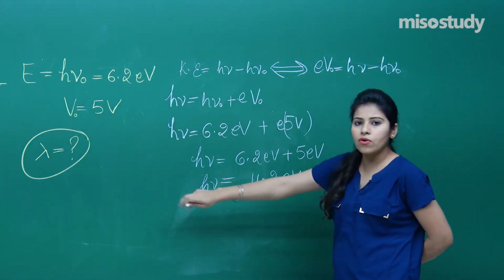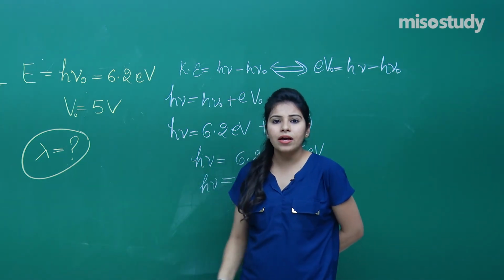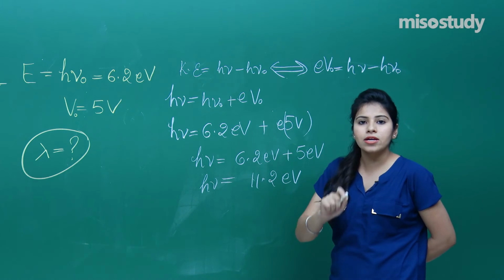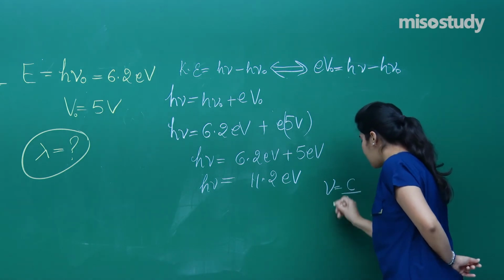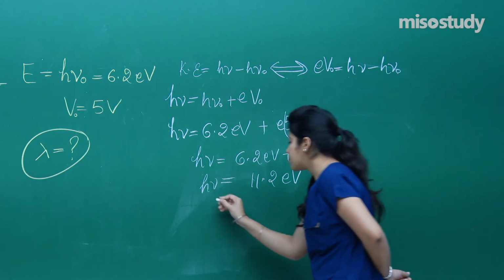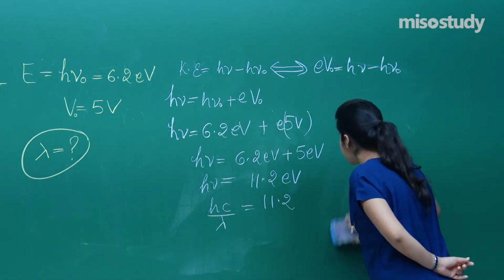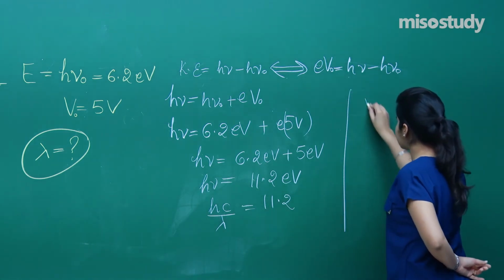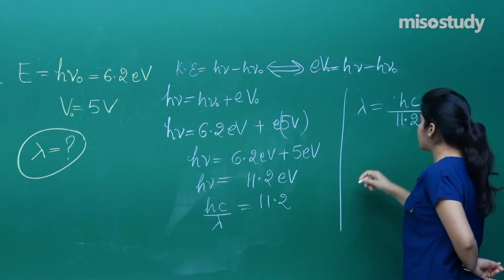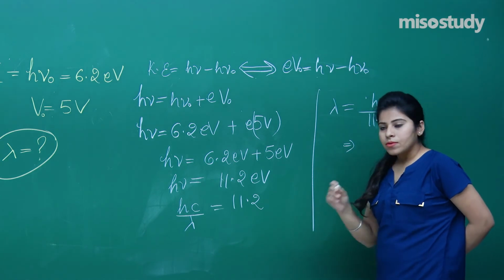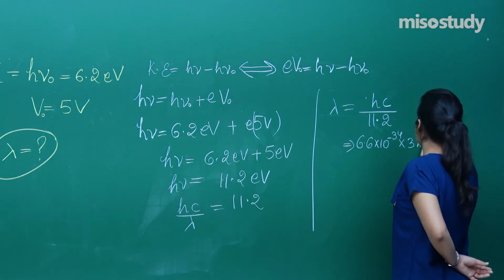Now the question has become very simple for us. We have to find the value of the wavelength, and the formula is c by nu, because we know that nu equals c by lambda. So lambda is c by nu, and you will see that the value of lambda will be hc upon 11.2. So put the value of hc: 6.6 into 10 raised to the power minus 34 into 3 into 10 raised to the power 8.